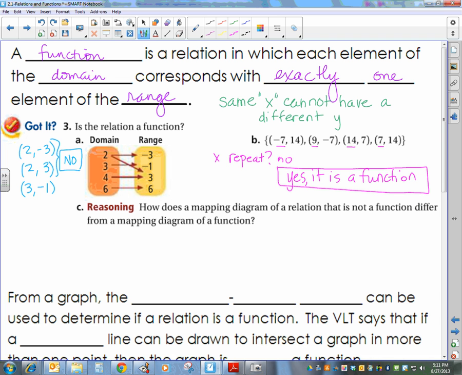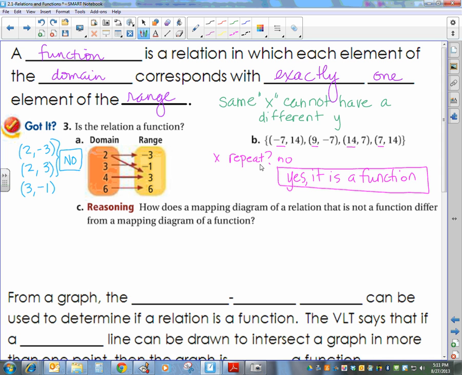Number 3, how does a mapping diagram of a relation that is not a function differ from a mapping diagram that is a function? Okay, so we saw this was not a function. What would be different if it was a function?